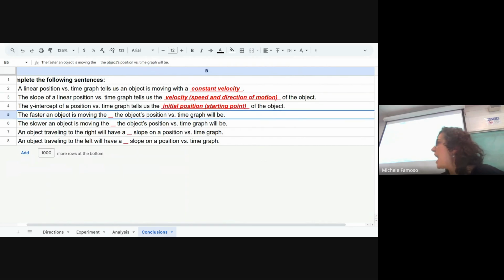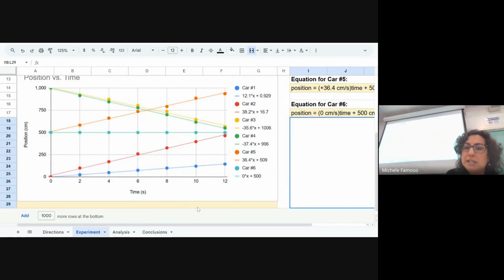All right, the faster an object is moving, the blank the position time graph will be. The faster it's going, if I just look at my graph, how can I tell that car 2 is going faster than car 1? It's steeper, so there we go.